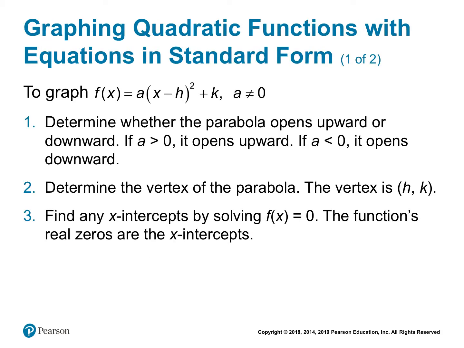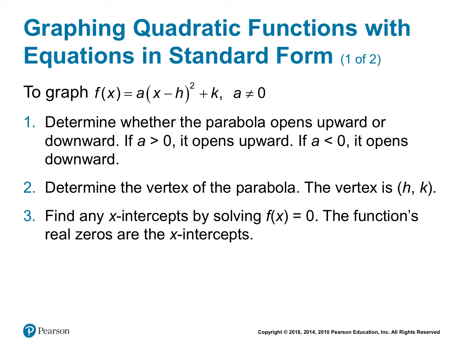Okay, now we'll talk about how we can graph this if it is in standard form. So first you have to determine whether the parabola is going to open up or down. So again, if it's positive, it's going to open up. If it's negative, it's going to open down. Then you'll determine what the vertex is, and that's the h and the k in the formula. And then you'll find any x-intercepts by solving for when f of x equals 0.